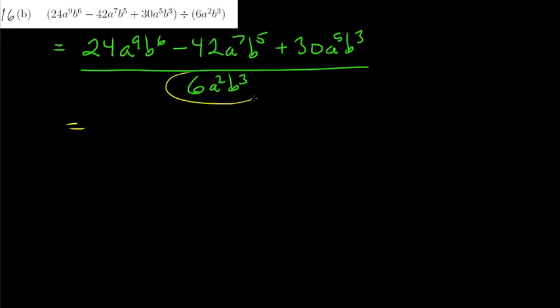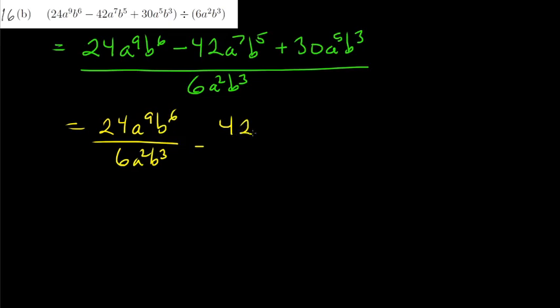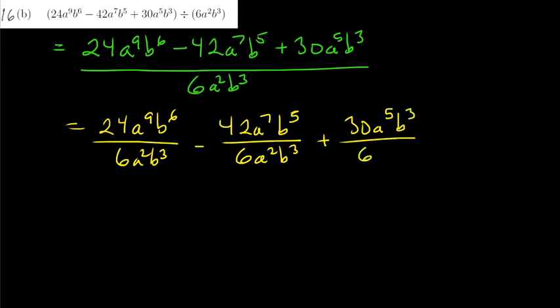But because we're dividing by a monomial, a single term, we can split this up as 3 separate fractions. 24a to the 9 b to the 6 over 6a squared b cubed minus 42a to the 7 b to the 5 divided by 6a squared b cubed plus 30a to the 5 b to the 3 divided by 6a squared b cubed. Okay, so now we just divide the coefficients and subtract the exponents. 24 divided by 6 is 4, right?